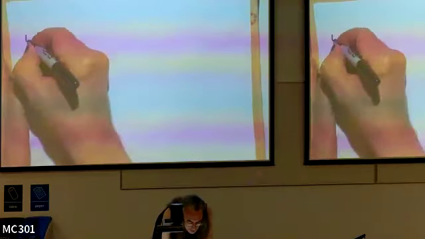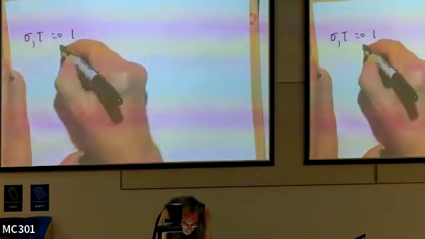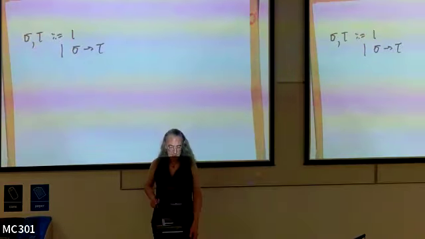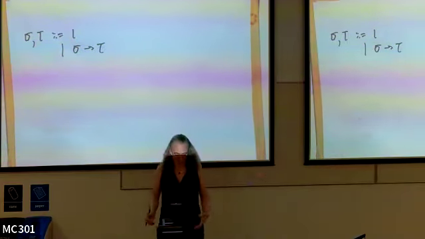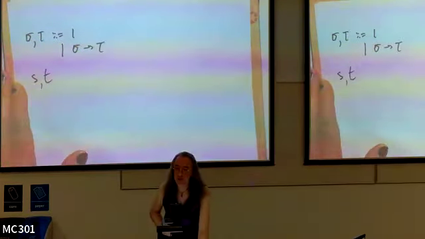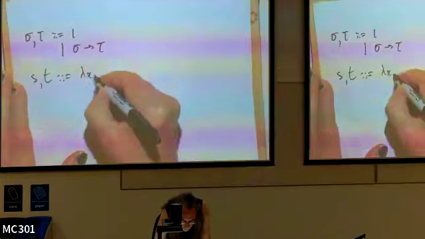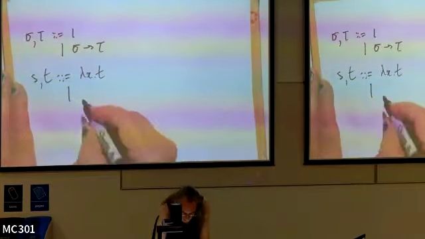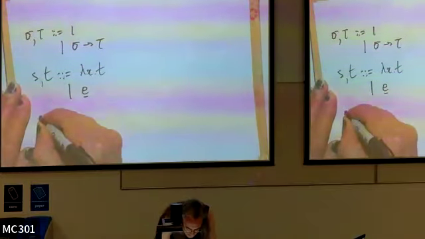There's going to be a base type, which is not going to be interesting. And then sigma and tau are going to be simple types. And then there are going to be checkable terms, which I'll use letters late in the alphabet for. They will include lambda terms, but also I shall embed synthesizable terms.